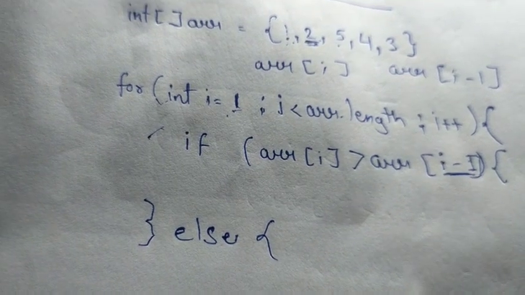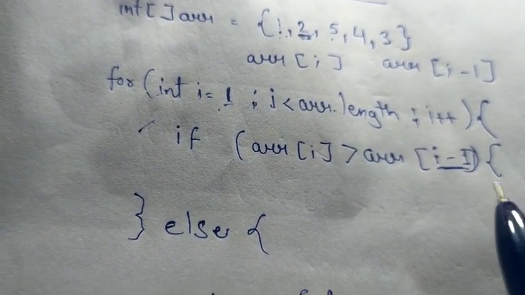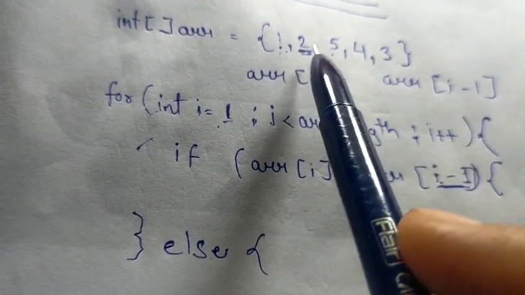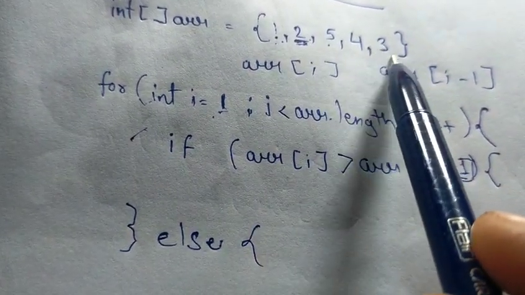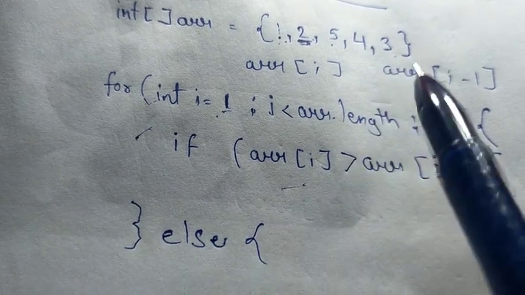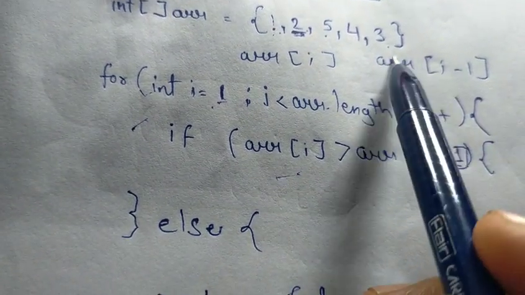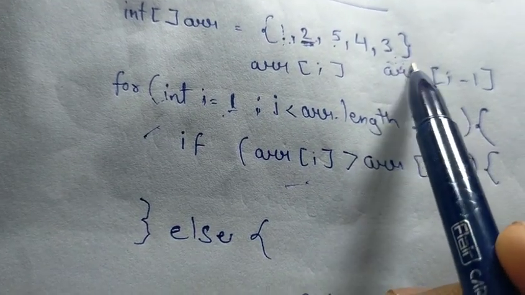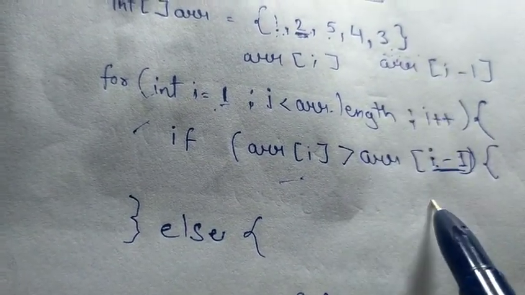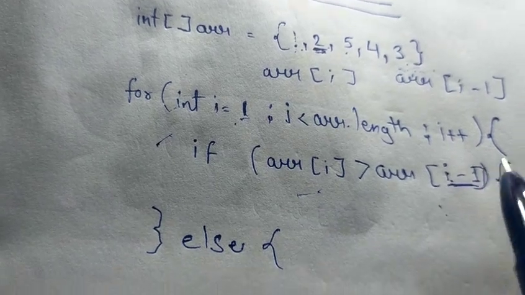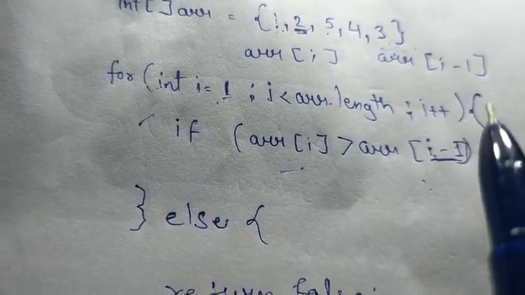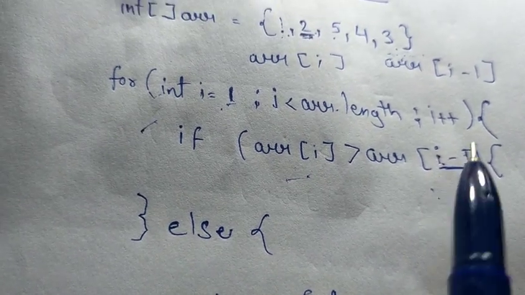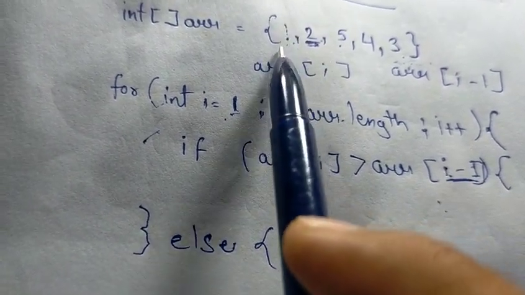If I use i plus 1, then when i comes to the last place, it will compare with a value beyond the array. So we get an error, and that error is that the element is out of bounds.